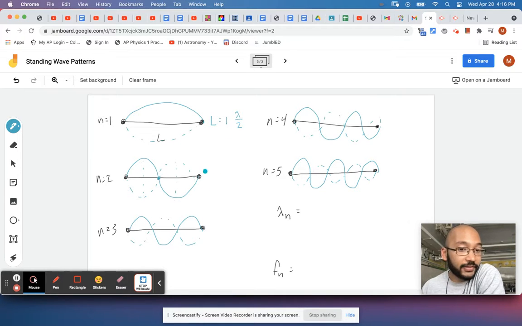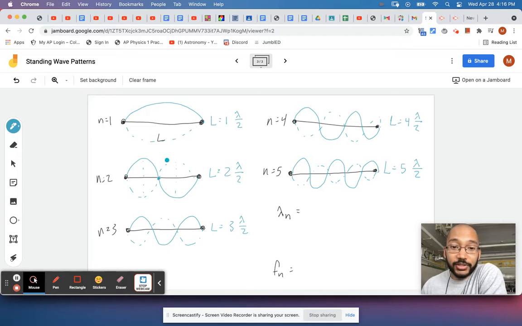How many half wavelengths do I have here? I have 1, 2. So this right here is 2 half wavelengths. 1, 2, 3. This one is 3 half wavelengths. This right here is 1, 2, 3, 4. L is equal to 4 half wavelengths. And you guessed it, 5 half wavelengths.